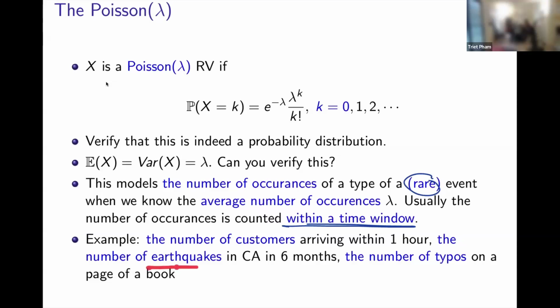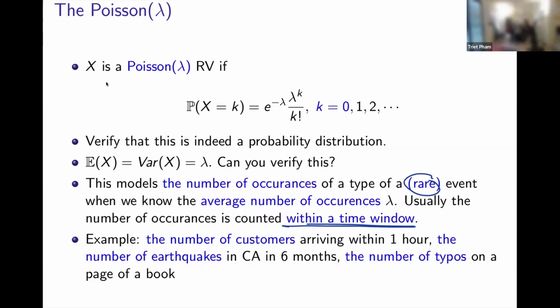Now, earthquakes, I can live with that. The probability that there'll be a million earthquakes in California in 6 months is probably super small, but it's imaginable. A million earthquakes, so let's say 1,000.